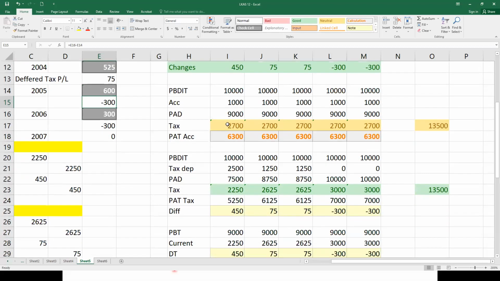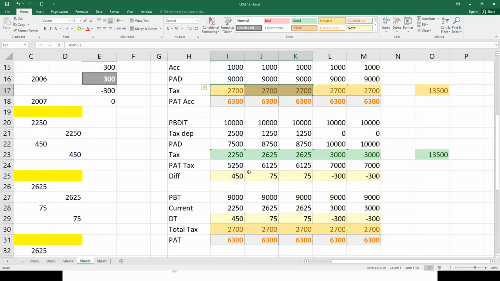In the first, second and third years, the accounting estimated tax is higher than the actual tax. But after that, the actual tax is higher than the accounting estimated tax, right? So these differences arise due to temporary differences, right?